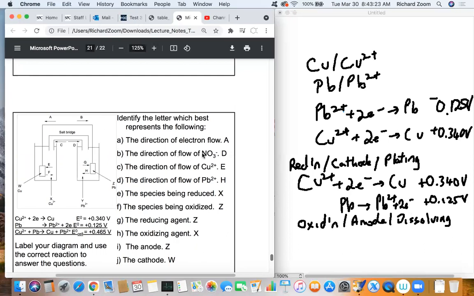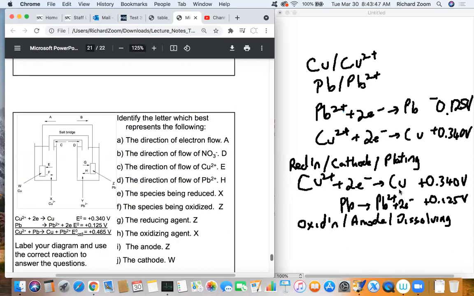All right, let's look at the flow of nitrate then. So the nitrate is going to flow through the salt bridge. So it's either going to be C or D. Now, if you look at what's going on here, the copper 2+ is turning into copper. The copper 2+ does have nitrates associated with it. Because it's 2+, it must have 2 NO3 minuses with it.